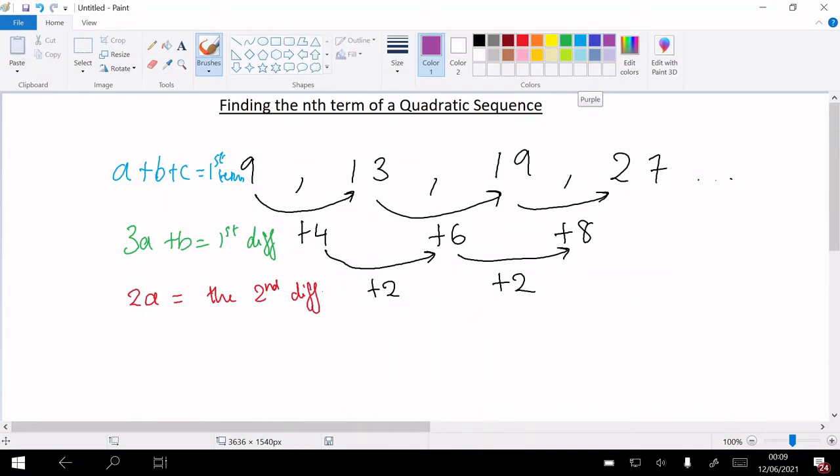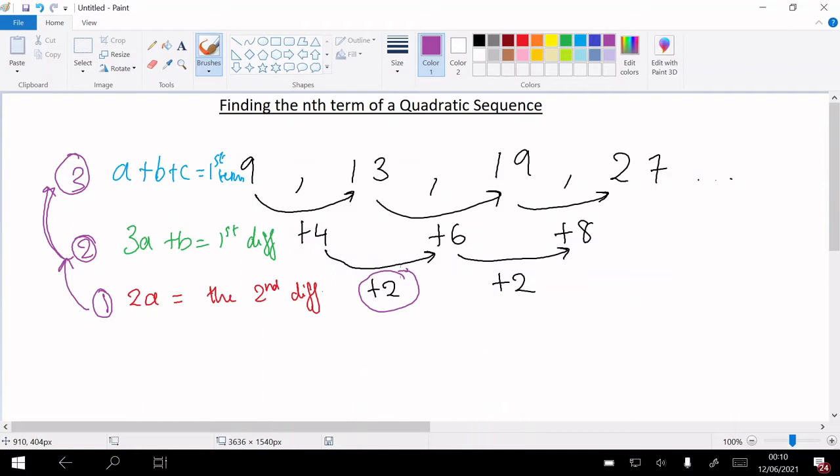We of course have to start from 2a. So you have to start from here and work your way up. Think of it as climbing a step: you're climbing it once, then you're climbing up again. So 2a would always be equal to the second difference, which you don't need to think a lot about because it's the same thing.